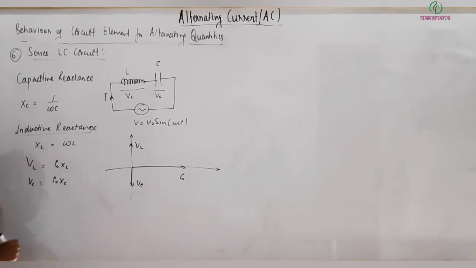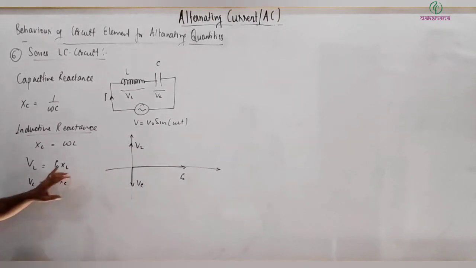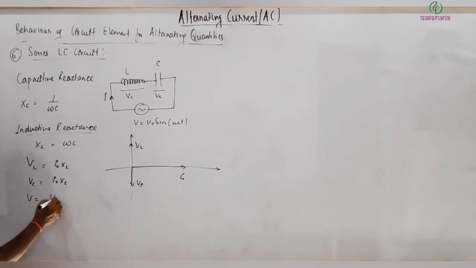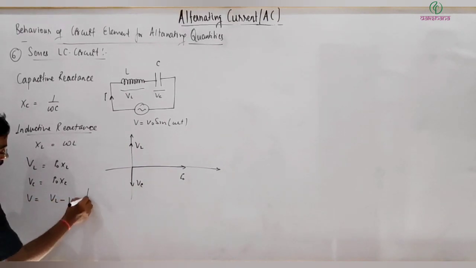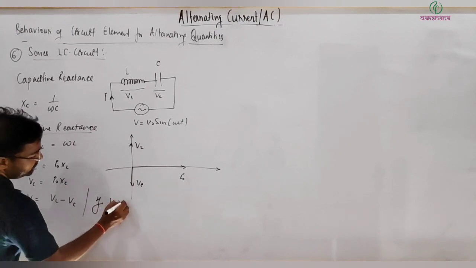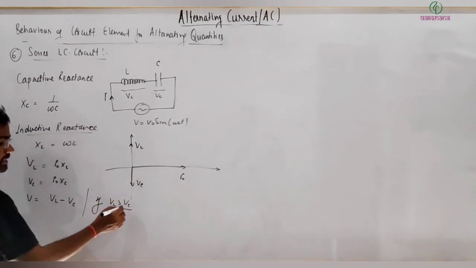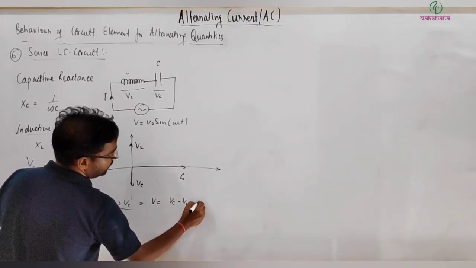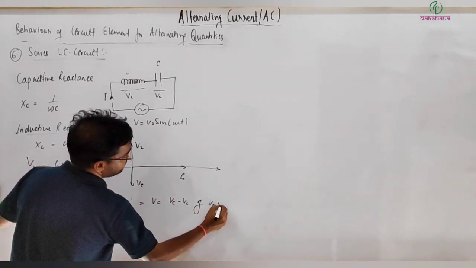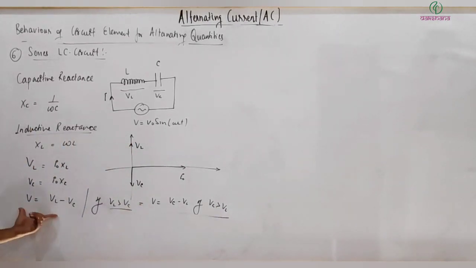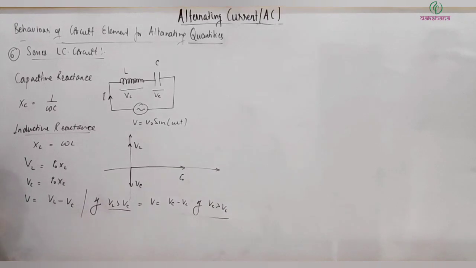Clear? And here the voltage V, from the phasor diagram, because these two are in opposite directions, it is equal to VL minus VC. If VL is greater than VC; vice versa, V will be equal to VC minus VL if VC is greater than VL. So either way, same thing.